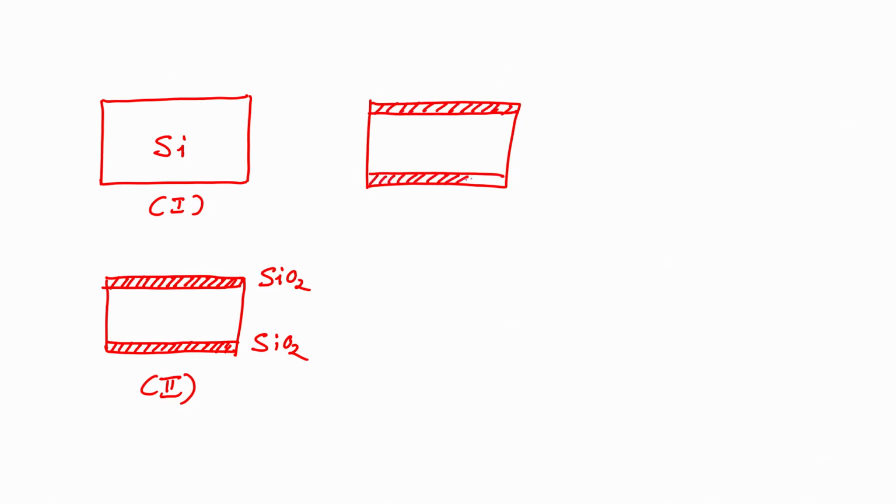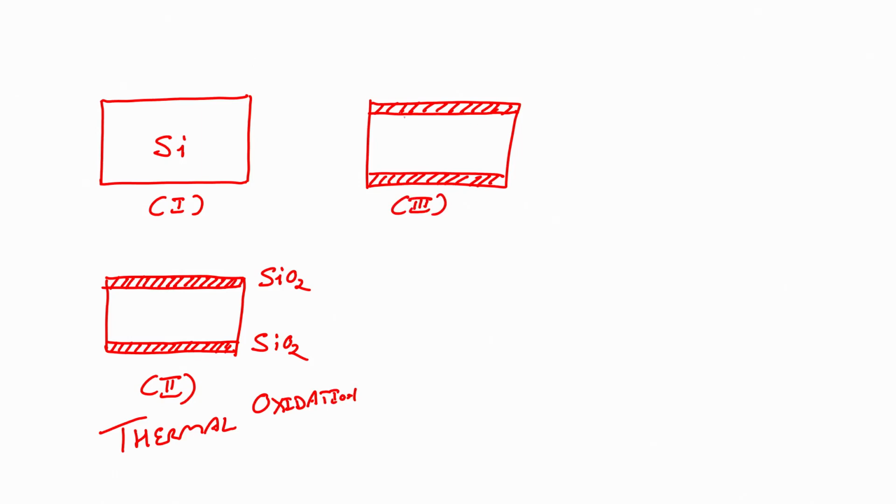How do we grow oxide? We grow oxide with the help of thermal oxidation. All right.